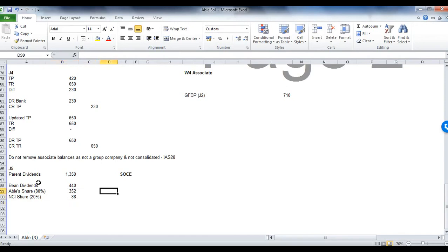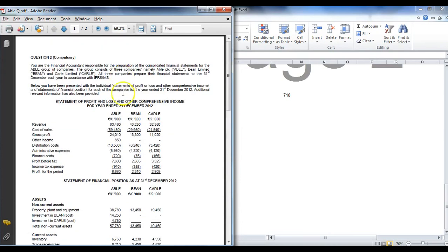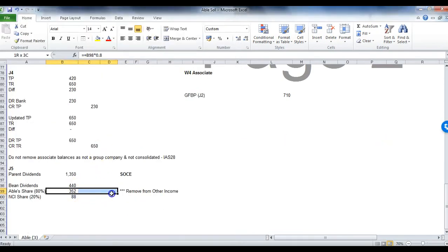So Abel's share, you need to remove from other income. Remember, when it's paid, there are no other adjustments. It's already been paid, so you don't need to make any adjustments to dividend payable or dividend receivable. But Abel accounted for that in the P&L. So within this 850 other income, some of that 352 needs to be removed.